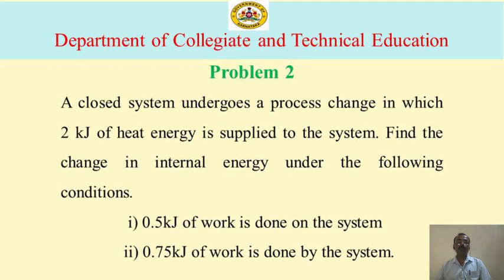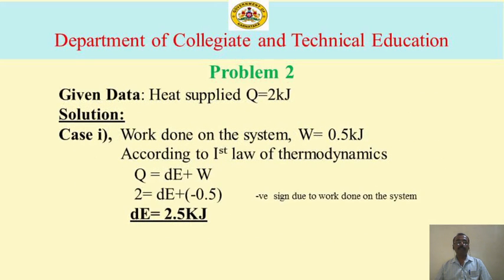Here there are two cases. We find them out one by one. Given data: heat supplied Q is equal to 2 kilojoules. So, solution. In case 1, work done on the system W is equal to 0.5 kilojoules.